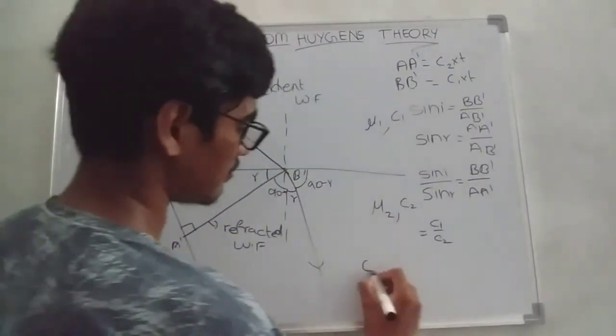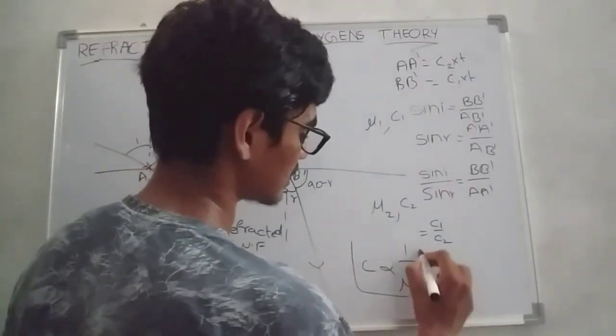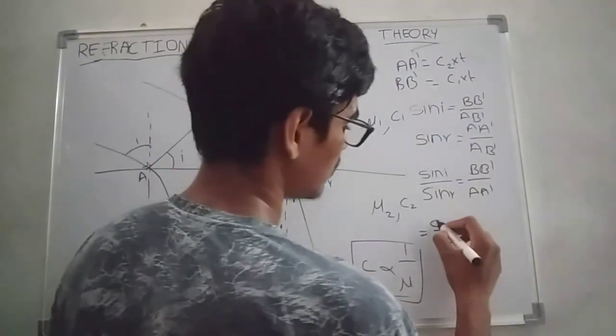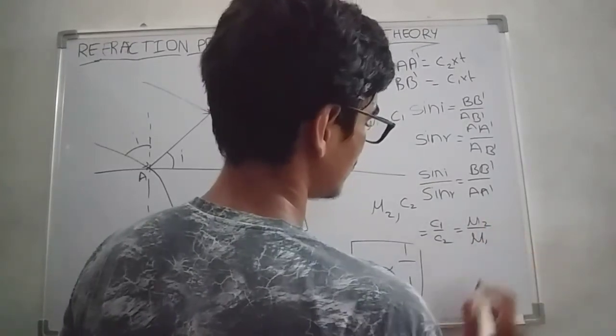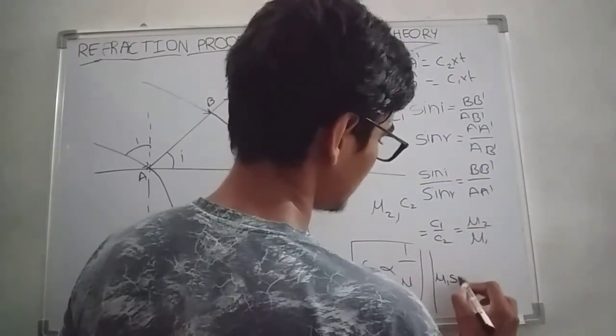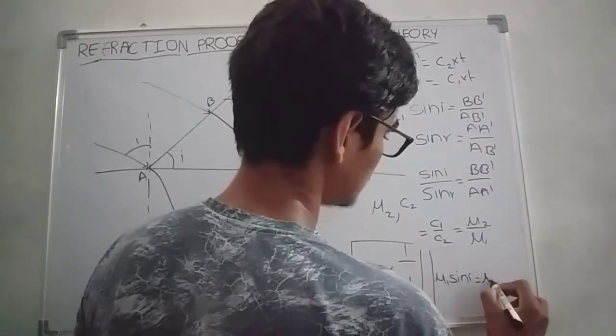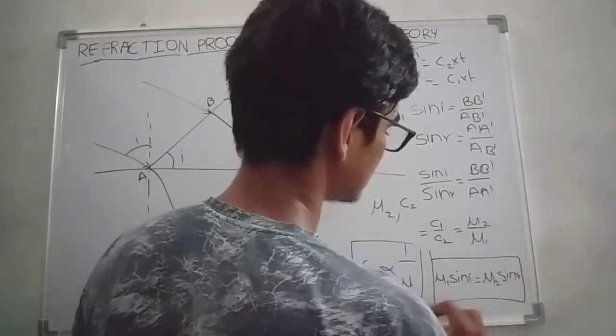We know that the velocity of light in a medium is inversely proportional to its refractive index. So c1 by c2 is equal to nu2 by nu1. Finally, we proved that nu1 sin I is equal to nu2 sin R, which we call Snell's law.